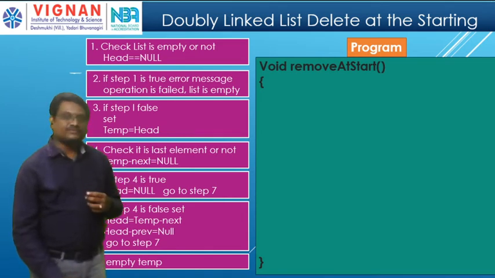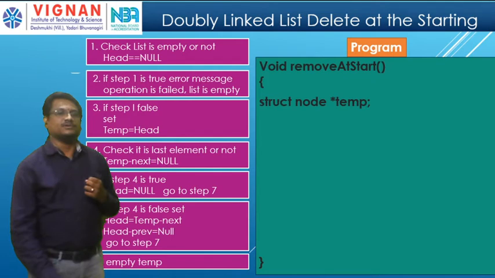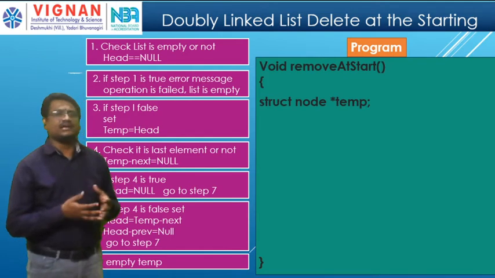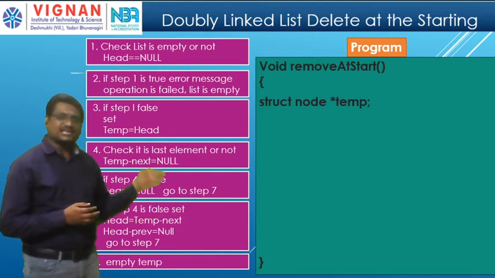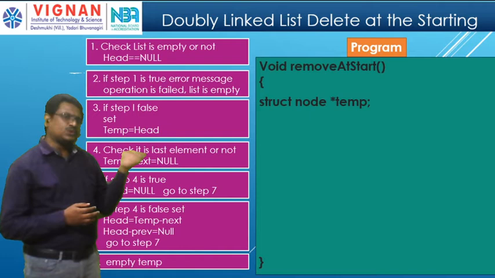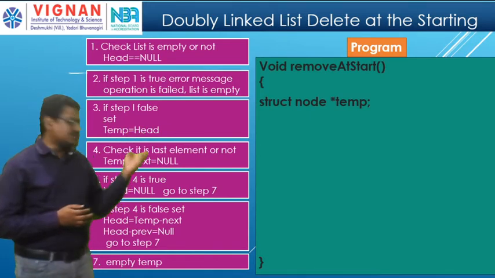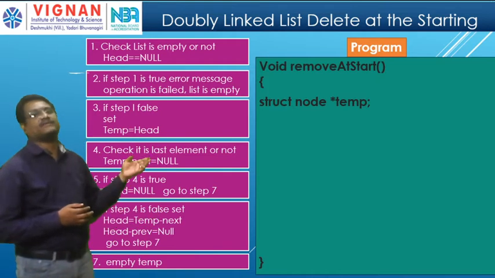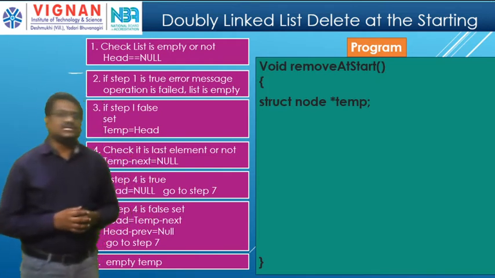So first I am creating a temporary variable. If you consider any algorithm, if you have these types of extra variables, first create the variables, then go to the step by step process. In this I have only one temporary variable, so I created a temporary variable for the structure.